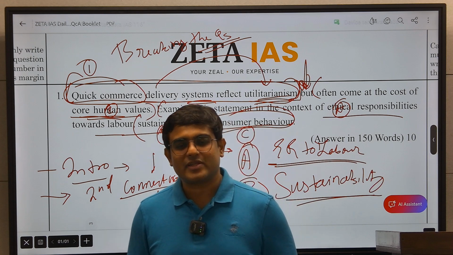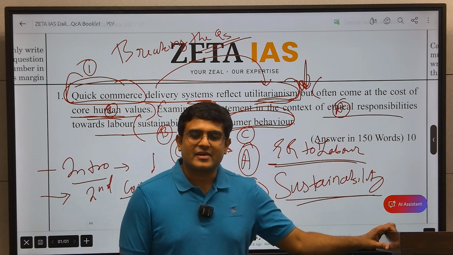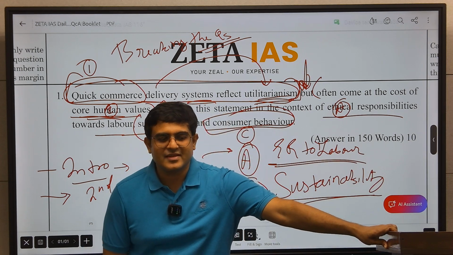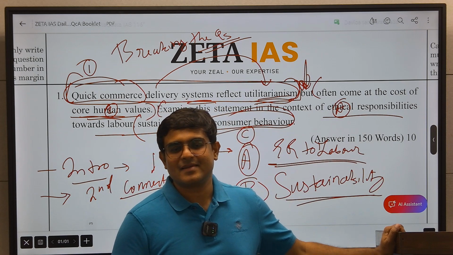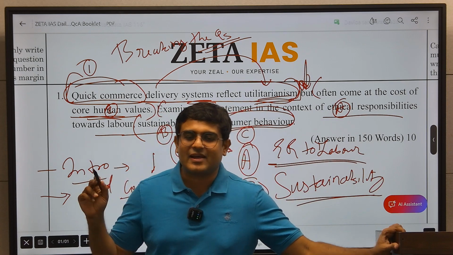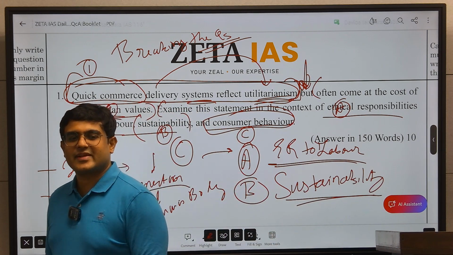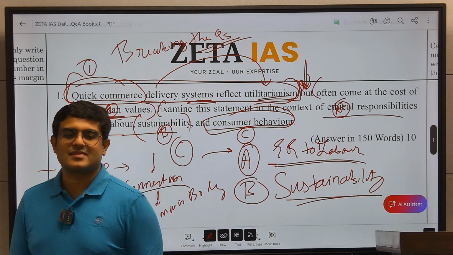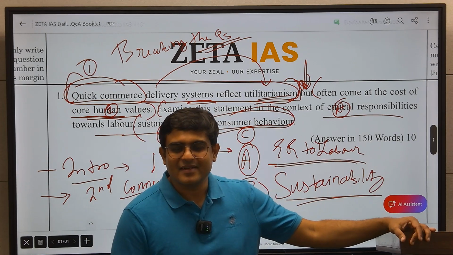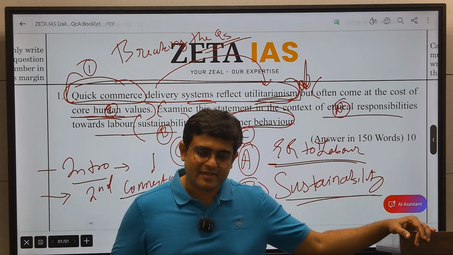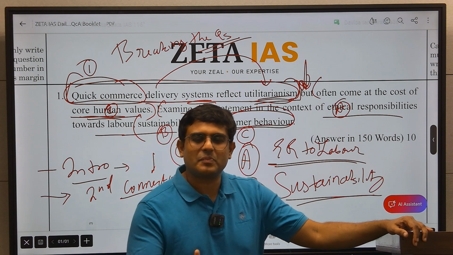And also about the safety of drivers. There are many instances when the riders were assaulted by consumers. Many riders lost their life while delivering to consumers. There were also some instances where they take the product and don't pay.